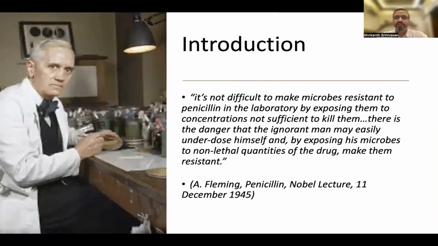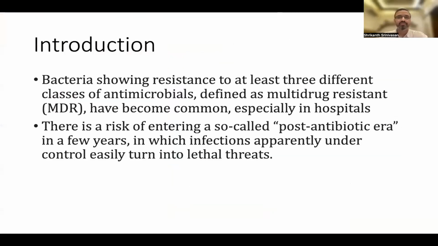There is the danger that an ignorant person may underdose himself and, by exposing his microbes to non-lethal quantities of the drug, make them resistant. So at the same time as he discovered penicillin, he also gave a prophetic warning regarding the hazards of underdosing, inappropriate dosing, abuse of antibiotics, and the possibility of rise of resistance.